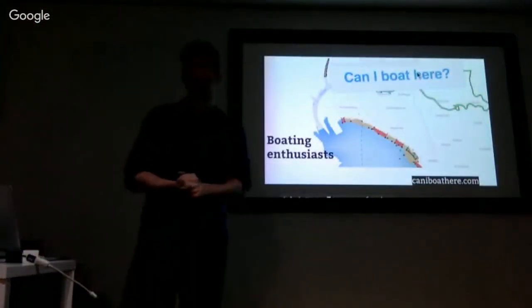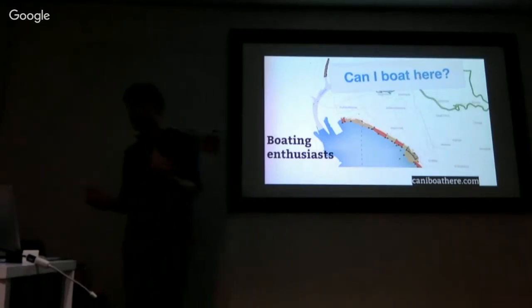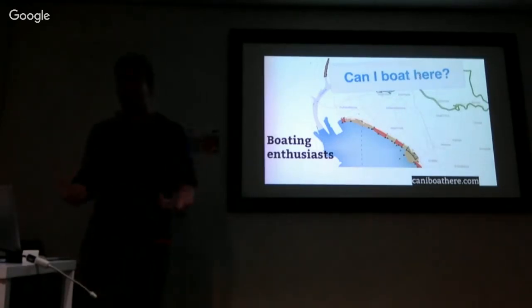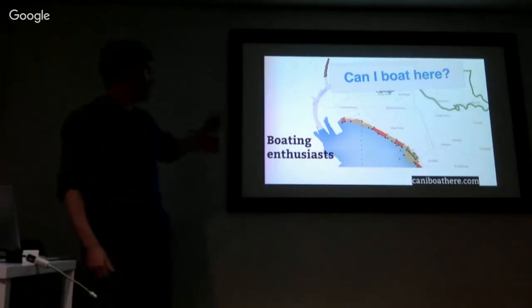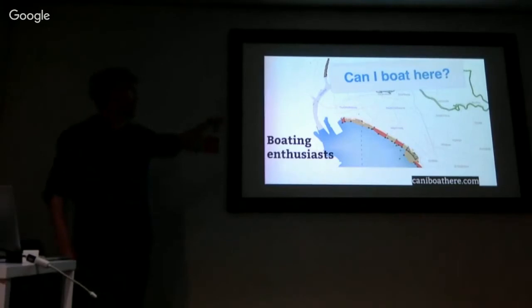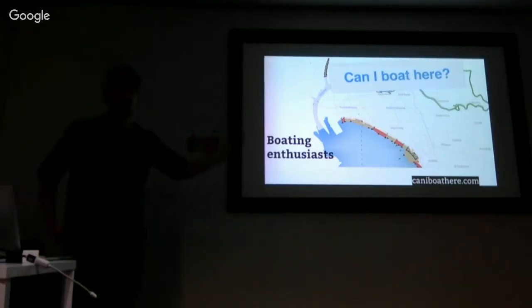Now, I might just show a couple of examples of the kinds of things that you could do in a GovHack project using spatial data. So here's one that I did two GovHacks ago. This was a data set from Transport Safety Victoria with the waterway regulations.